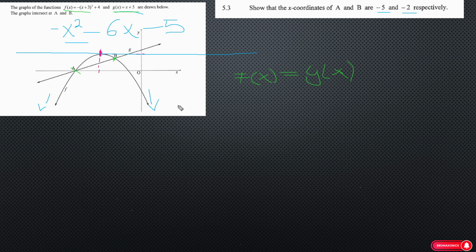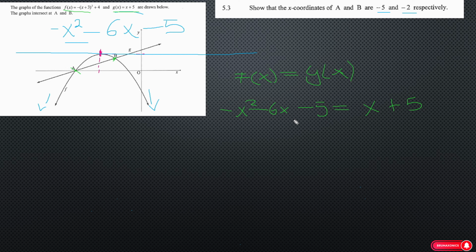So this means that we have the other one as negative x squared, remember, minus 6x, then minus 5 is equal to, then here we have our linear equation, right? So yeah, everything is x. Now we can solve for this.